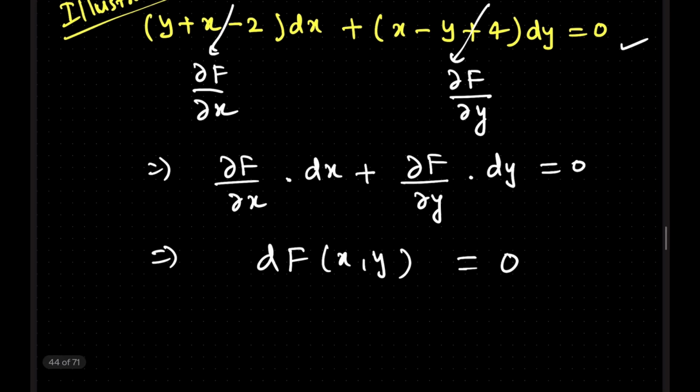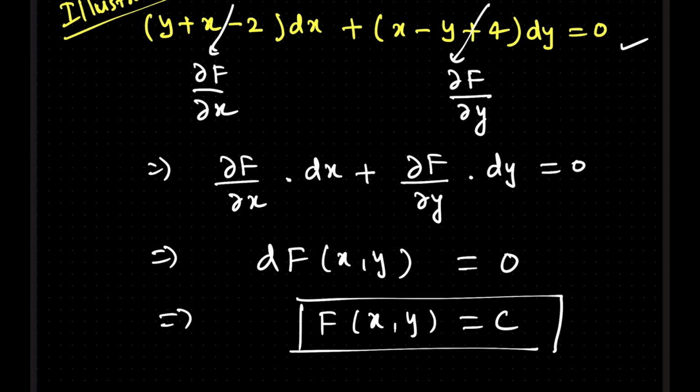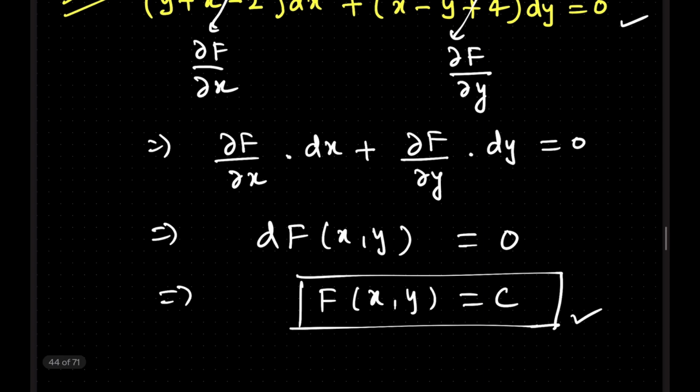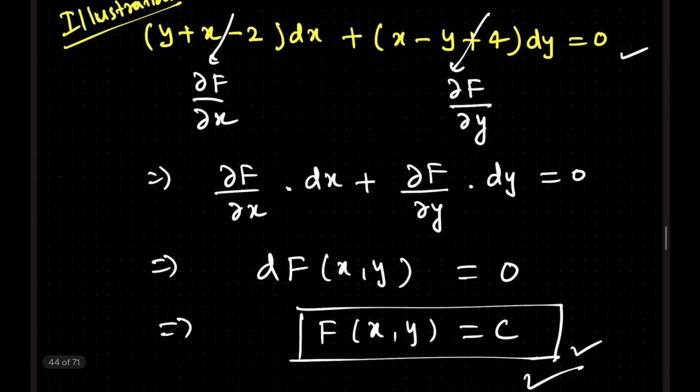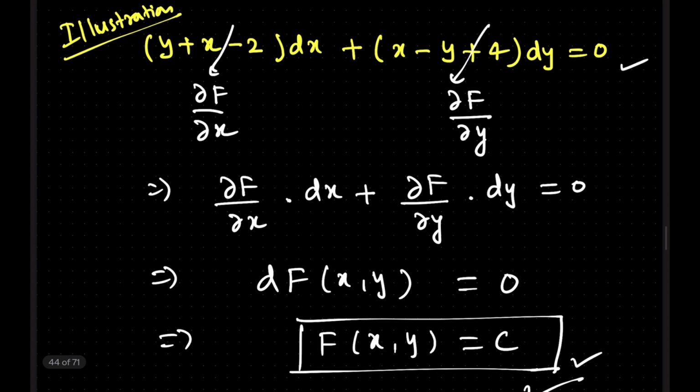And we know that if something's differentiation is 0, it means it is a constant, so f(x, y) equals a constant. So we get our final parent equation from this differential equation. This is our solution. Our only task is to find f(x, y), and we will see how. I hope you understand how we are going to approach this using the total derivative.